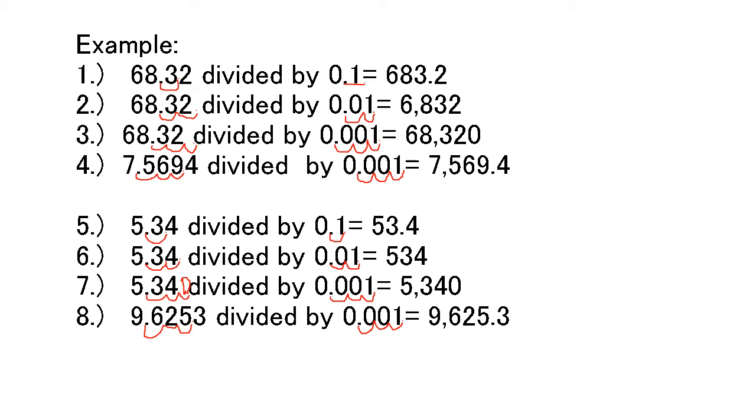Alright, next. 5 and 34 hundredths divided by 1 thousandth is equal to 5,340. Let's move the decimal point 1, 2, 3. 3 places to the right. We will move also 3 places to the right in the dividend.